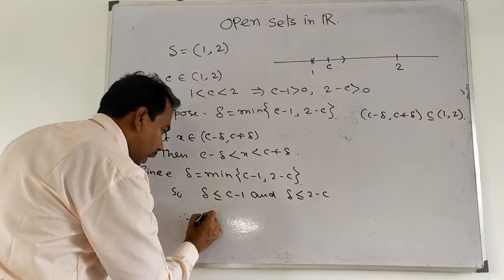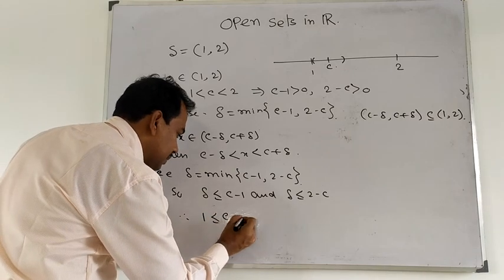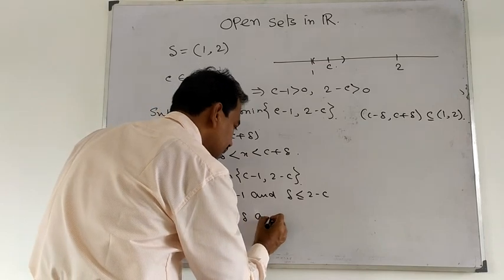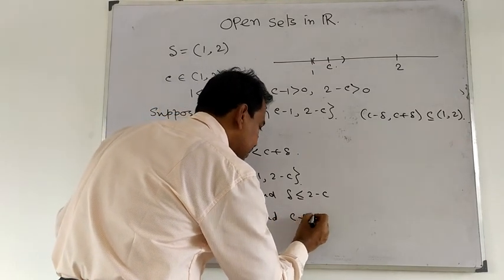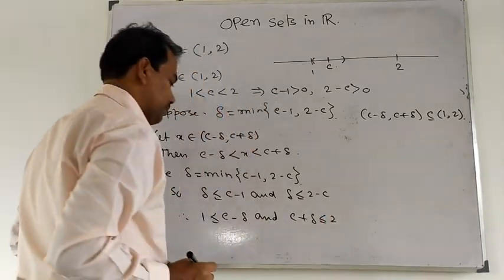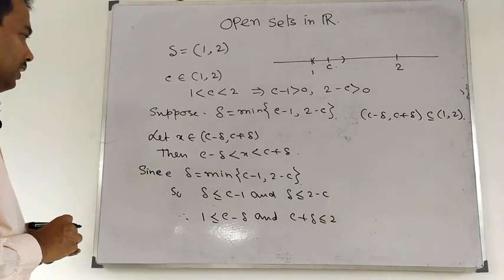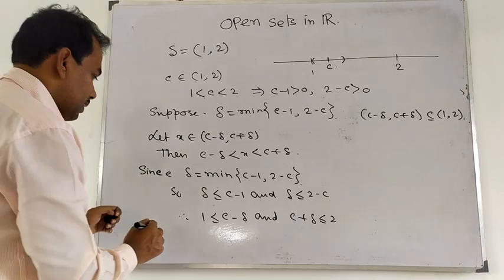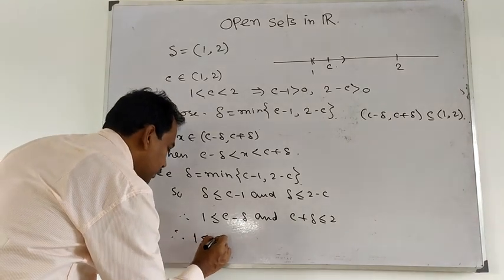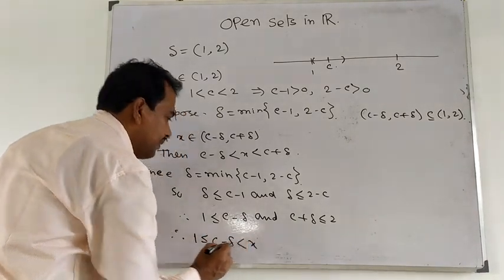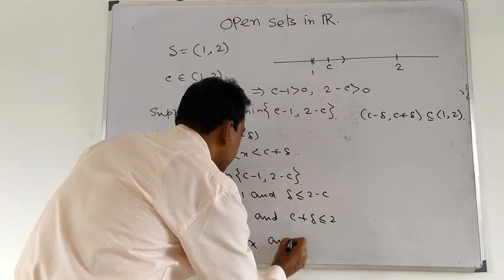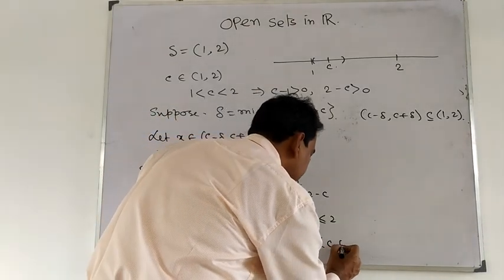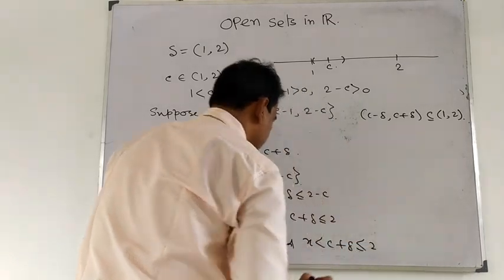So 1 is less than or equal to C minus delta, and C plus delta is less than or equal to 2. Now 1 is less than or equal to C minus delta, which is less than x, and x is less than C plus delta, which is less than or equal to 2.